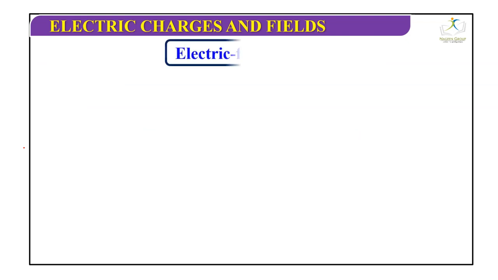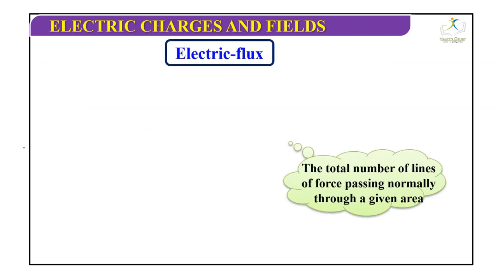Electric flux. Electric flux is nothing but the total field lines of force passing normally through a given area. I just want to elaborate this in a very clear way.